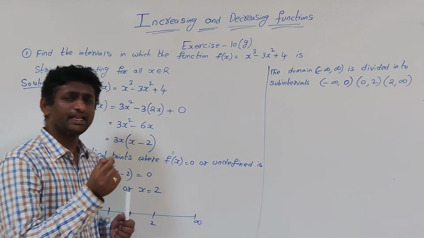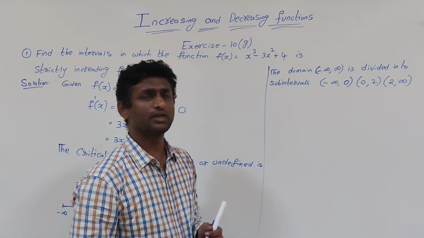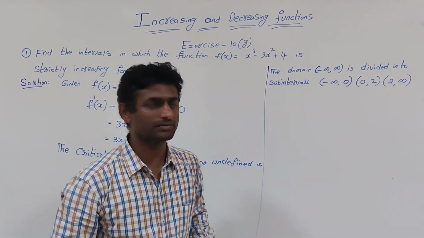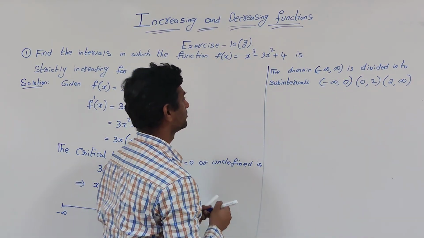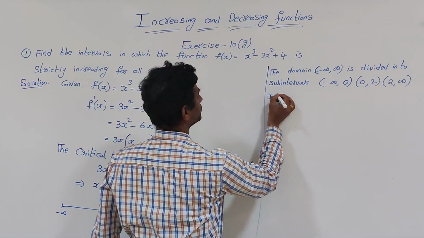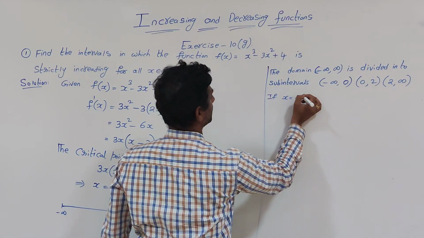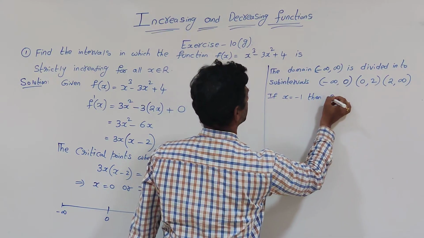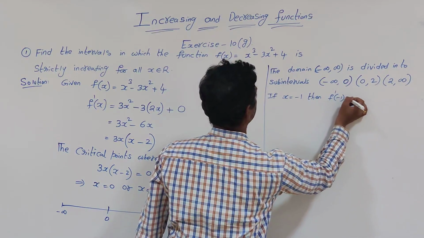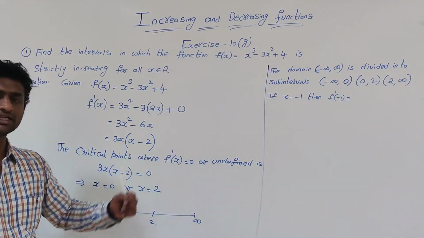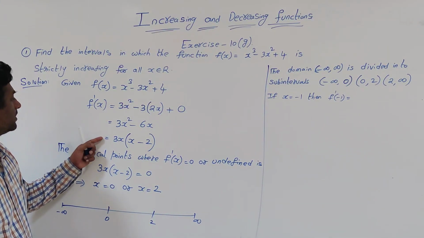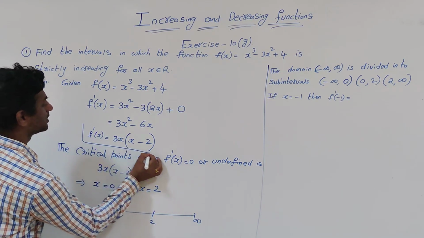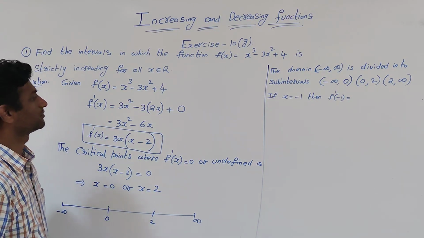Now choose any one value in the first sub-interval, minus infinity to 0. If I choose x is equal to minus 1, then f dash of minus 1 will be what? So substitute minus 1 in the first derivative, f dash of x, which is 3x times of x minus 2.